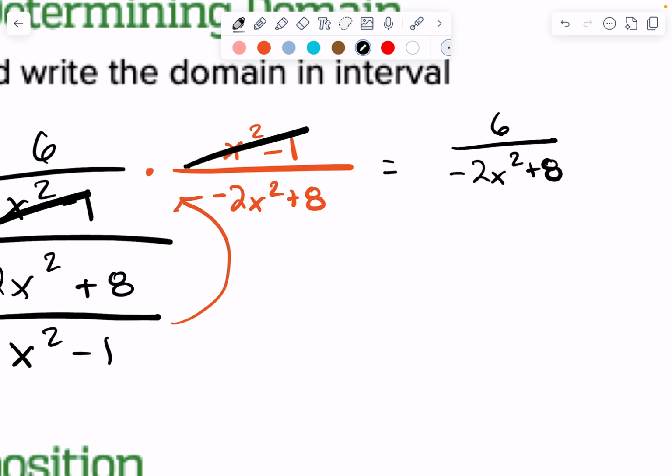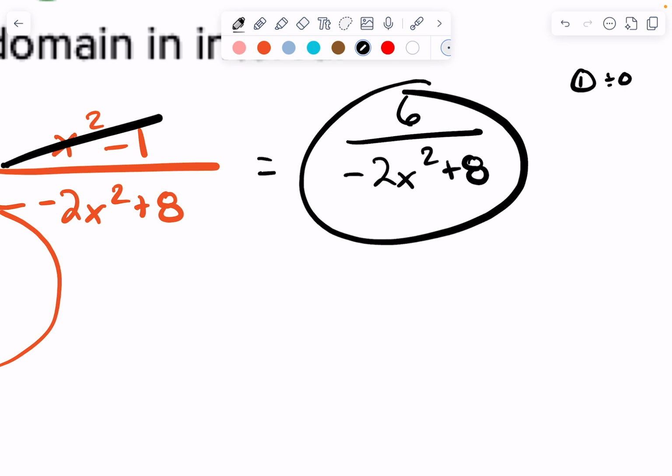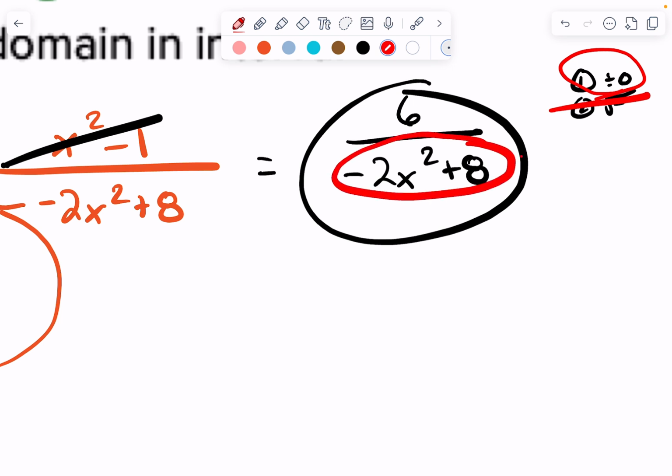Now I have to find the domain: what can x be, what can x not be. Rule number 1 says we can't divide by 0, and rule number 2 says no negative inside of a square root. We do not have any square roots, so we don't have to worry about that one. I just want to make sure I'm not going to divide by 0. So this thing right here cannot be equal to 0. I'm going to say negative 2x squared plus 8 can't be 0, and then I'm going to solve.